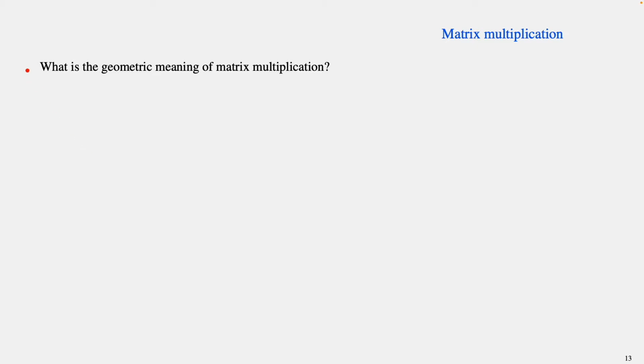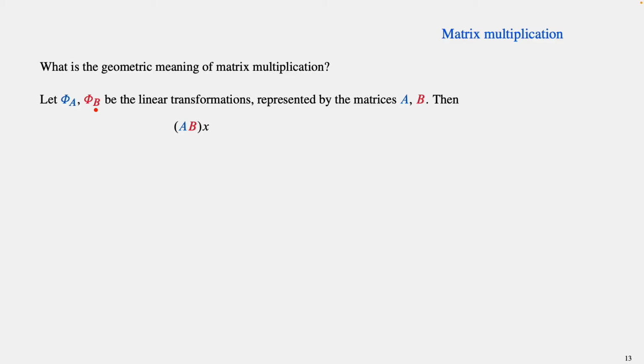Now, what is the geometric meaning of matrix multiplication? If we're given matrices A and B, then we have the two linear transformations that are defined by multiplying a vector with A and a vector with B. How does this relate to the matrix product?